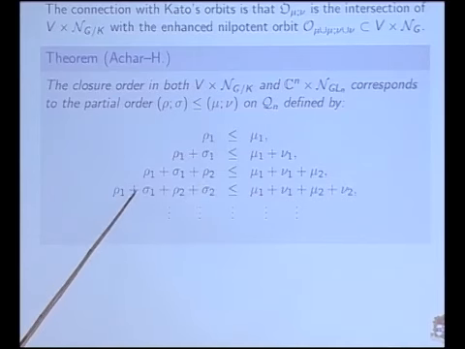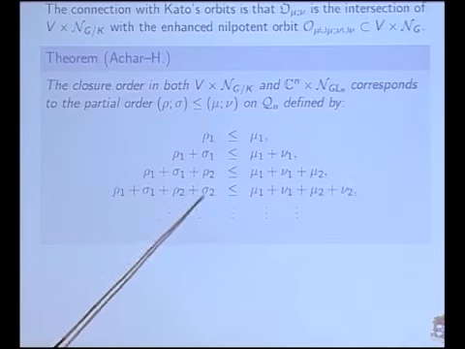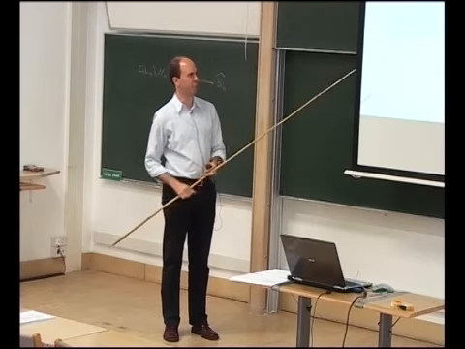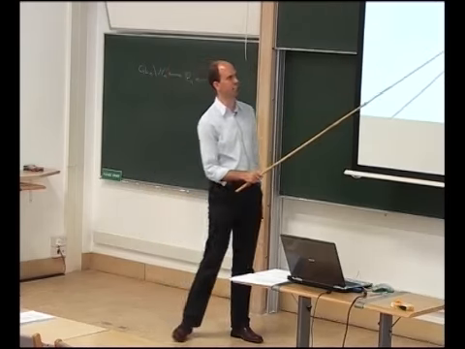Here, you compare the first part of the left partition, then the sum of the first parts of left and right, then first of left plus first of right plus second of left, then first of left plus first of right plus second of left plus second of right, and so on. So you're always moving across the rows from left to right before you go down to the next row. And you never involve quantities such as rho 1 plus sigma 1 plus sigma 2, for instance. It doesn't affect the partial order.